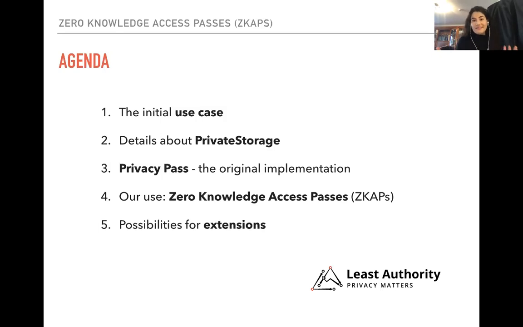So this is ZKAPs, and I'm going to explain ZKAPs then. And then we're going to think about extensions, or more, I want to motivate you to use ZKAPs or these ideas for your problems and your use cases.